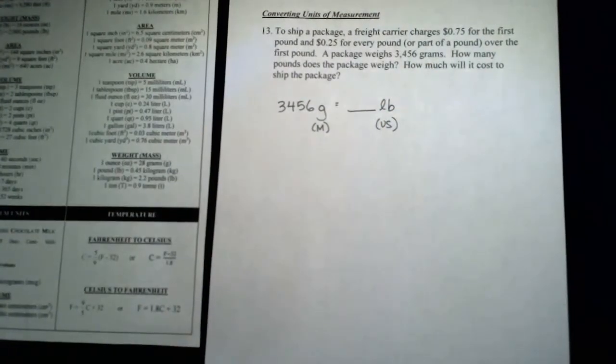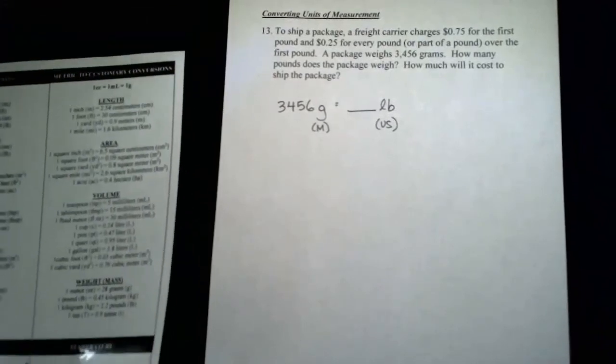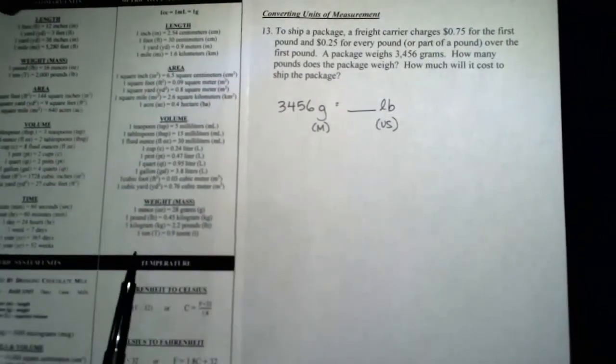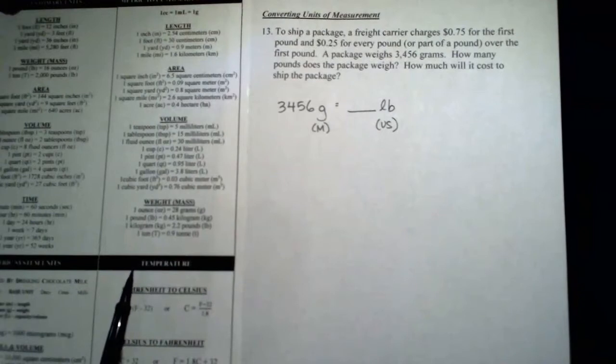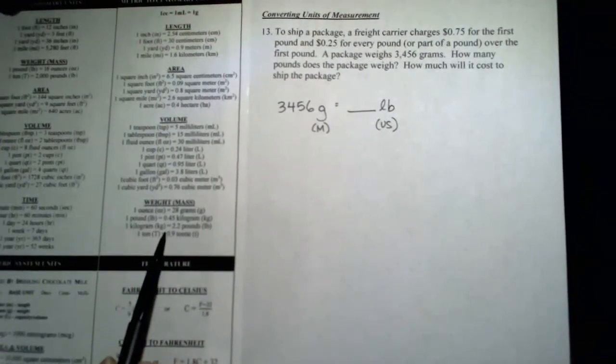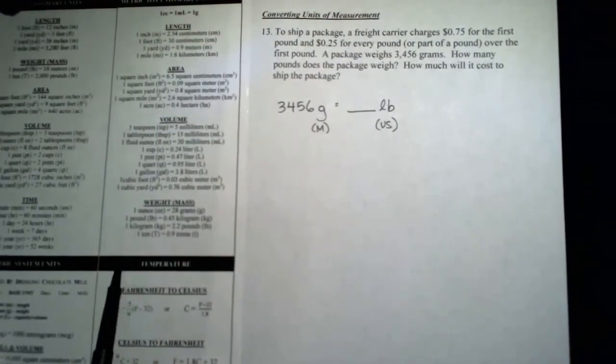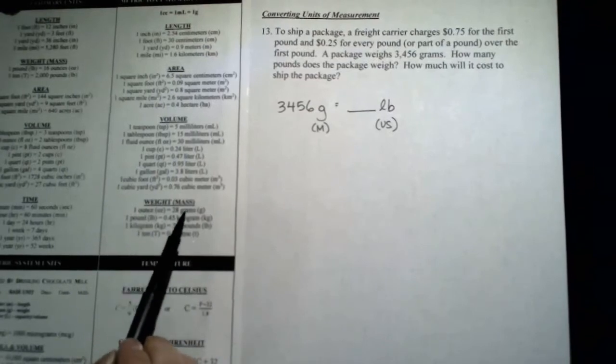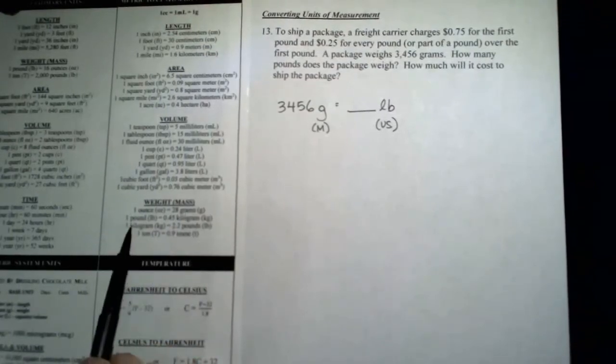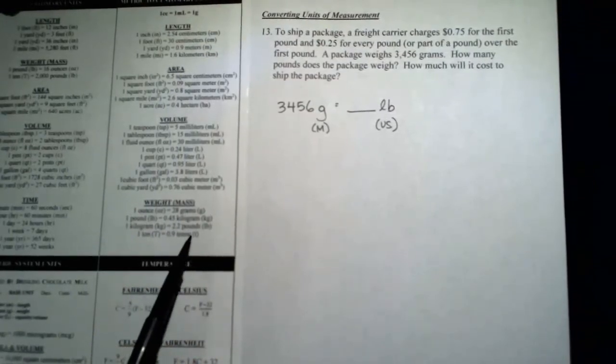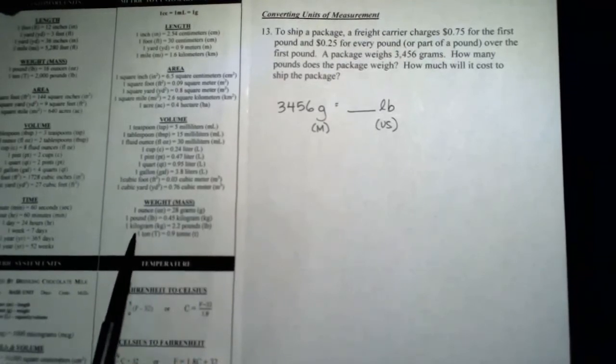Which means before I even start, I'm looking over here on the right, and I'm going to try to find something that will convert this. I don't see anything that will go from grams to pounds. I see ounces and grams, I see pounds and kilograms, and I have two choices for that.